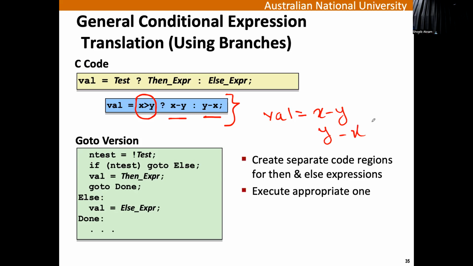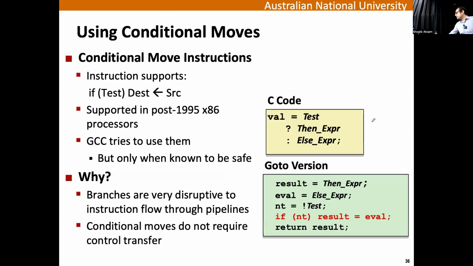So you don't have to write if else when you are setting the value of a variable depending on a condition. You can use an expression like that in C. Value equals test question mark x minus y, and then y minus x. And value will be x minus y or y minus x, depending on whether the test succeeds or not. So let's see how the compiler does the transformation.